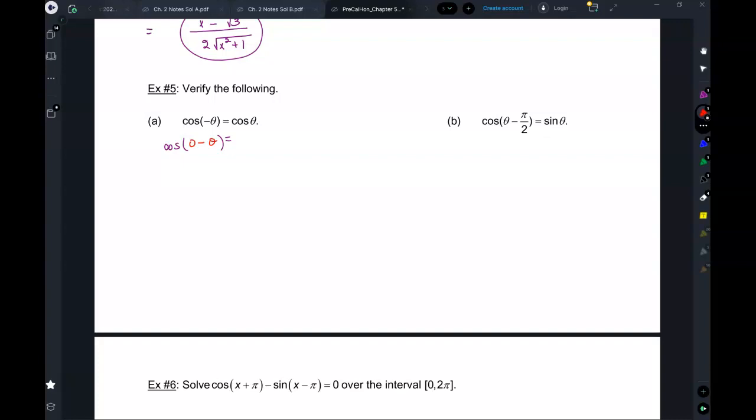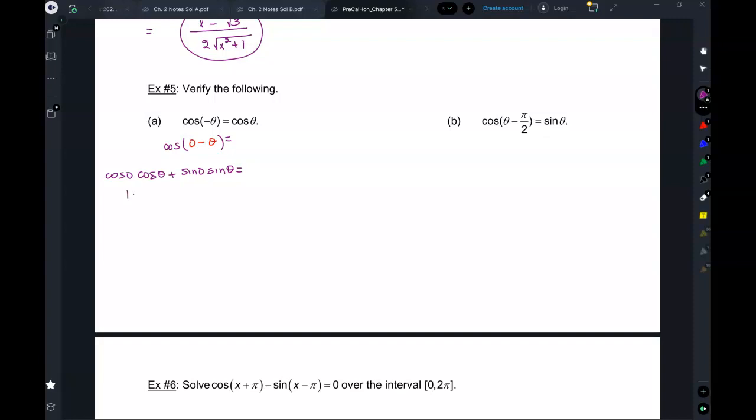So this is cosine, cosine, sine, sine. So we do cosine 0 cosine theta, plus sine 0 sine theta. What's cosine of 0? 1. Cosine of 0 is 1.